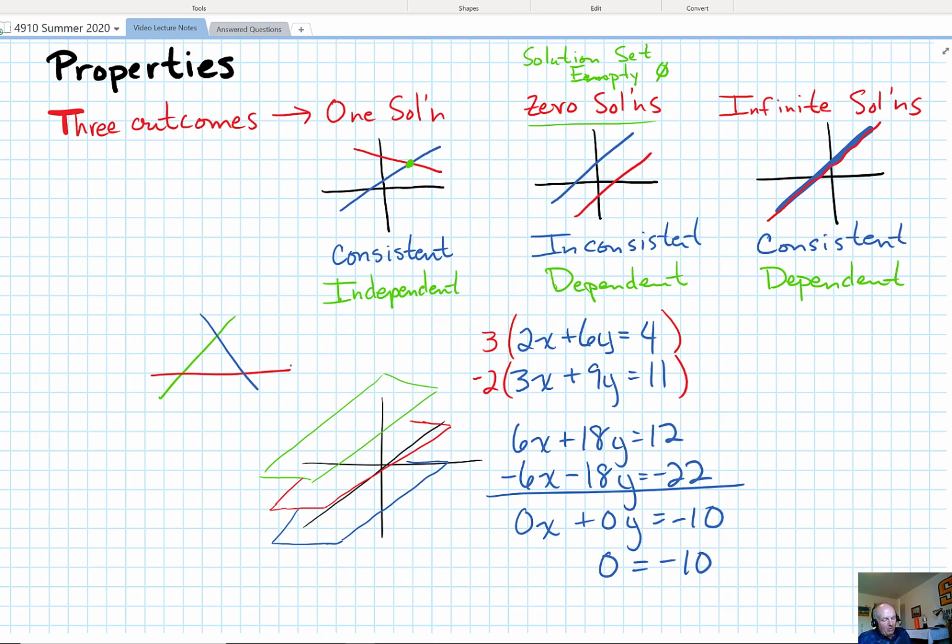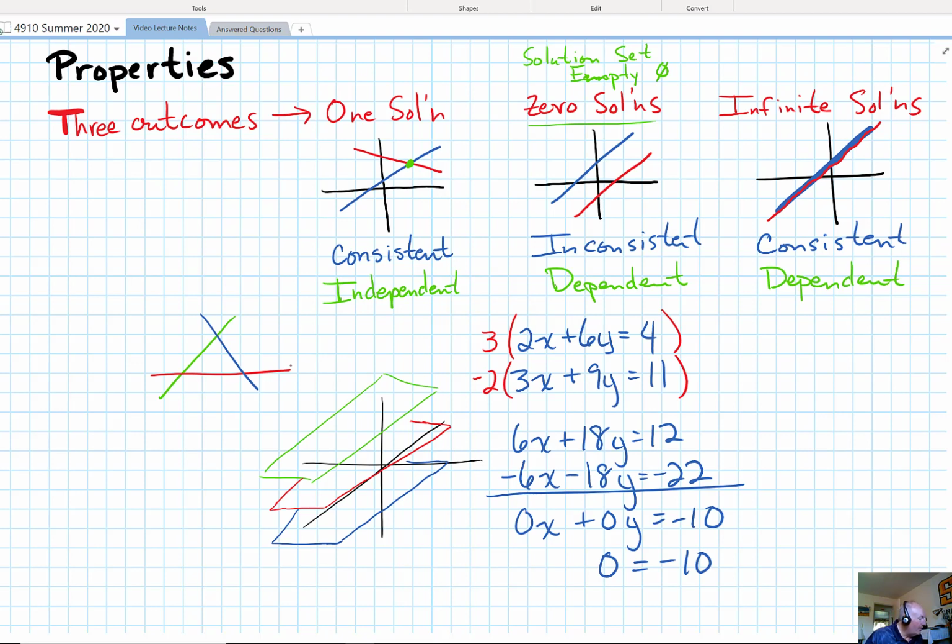It's not important that you understand that graphing part of the 3 by 3 system, but it does exist, and we will not talk about when you go to 4 dimensions and 5 dimensions. All right, so that's how you recognize when you have 0 solutions for a 2 by 2 case.